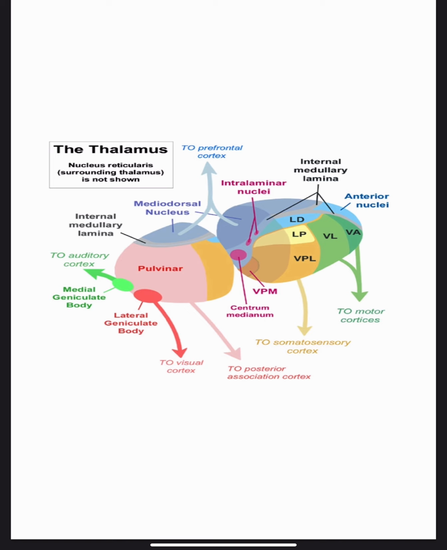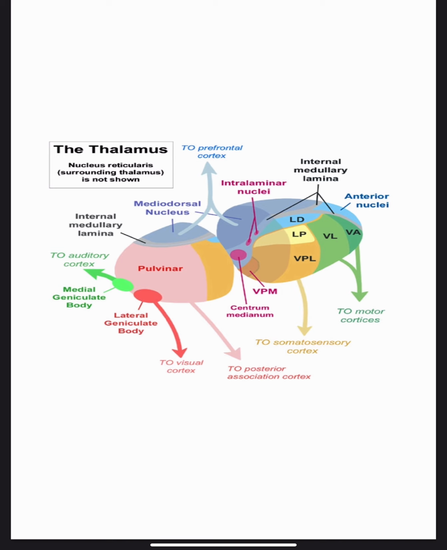We have the lateral dorsal and the lateral posterior nuclei. We have the ventral posterior lateral nuclei and the ventral posterior medial nuclei, which go to the somatosensory cortex, areas 3, 1, and 2. Pulvinar is associated with the posterior association cortex, that is the superior parietal lobule, areas 5 and 7, and the inferior parietal lobule. These posterior regions are responsible for that.